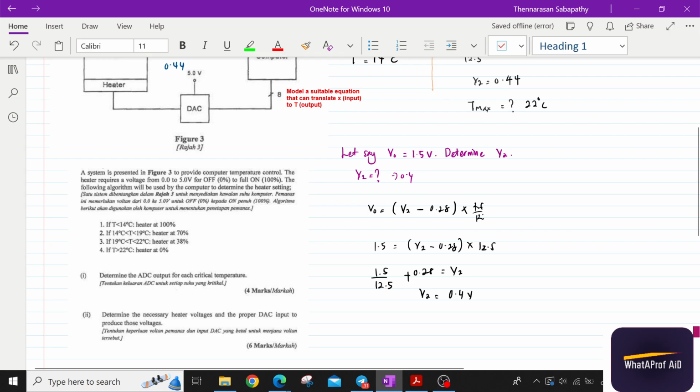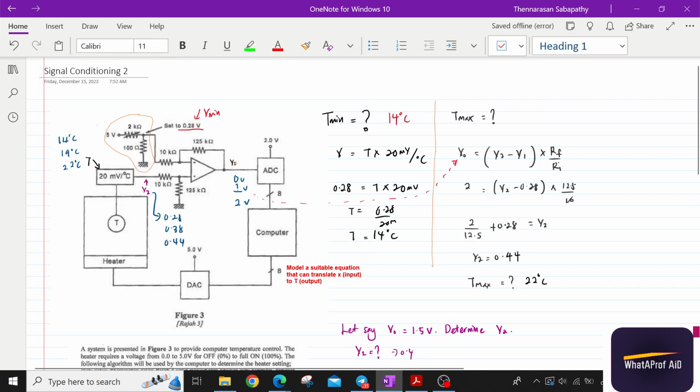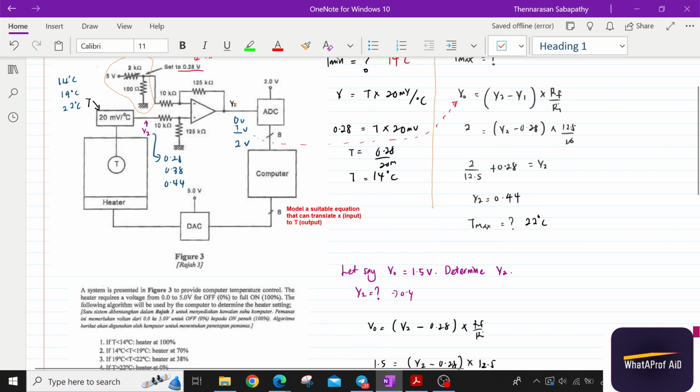So V2 we find as 0.4 volts. And what should be the temperature at that time? You have to take 0.4 divided by 20 milli, and you will get the temperature.